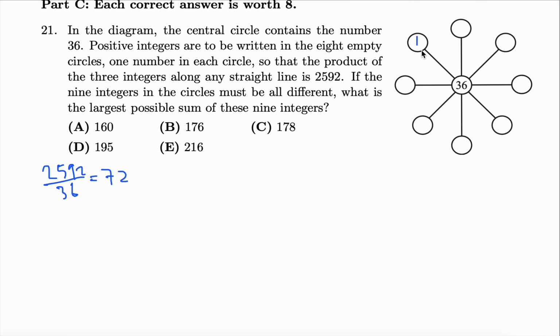And the largest one that we can produce right away is 1 times 72. That's going to give us a sum of 73.